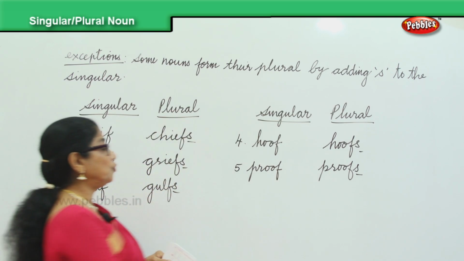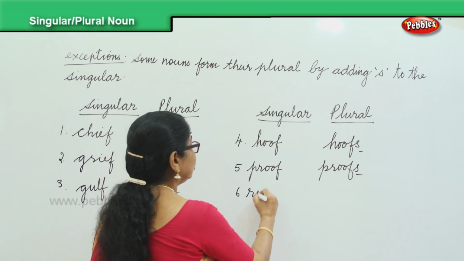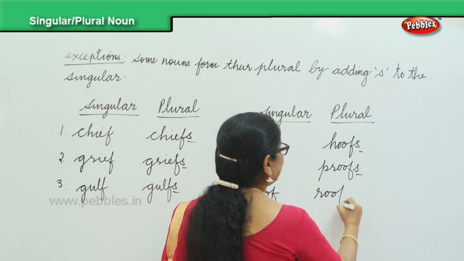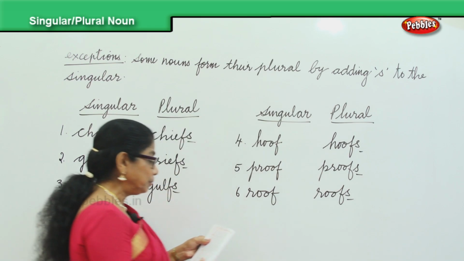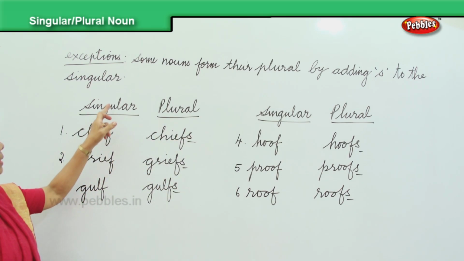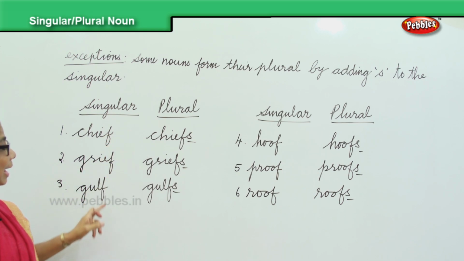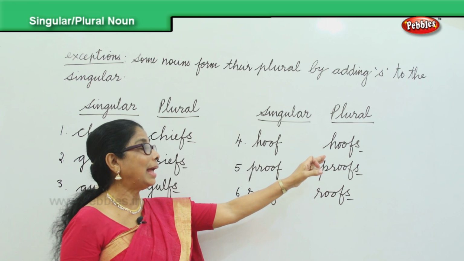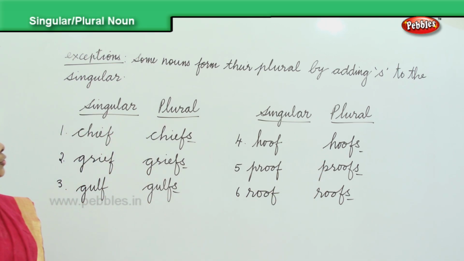Finally, you have roof. House roof. Roof. Roofs. These are some exceptions to the rule because the singular noun ends in F, but we are forming the plural by adding S.